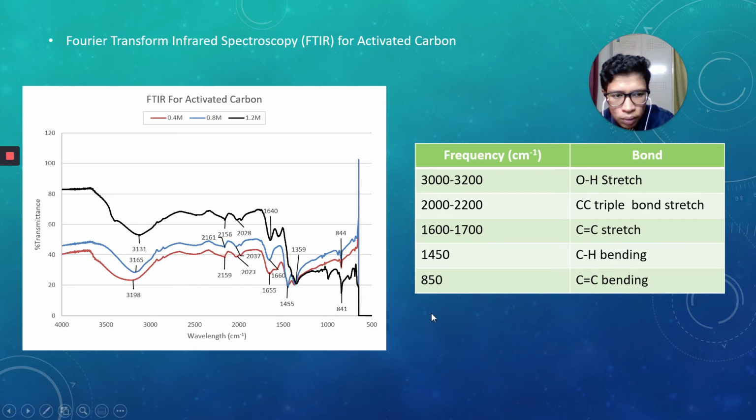At the 1600 frequency and 850 frequency, it also contains carbon double bonds. This means, as you can see in the table, there are many carbon bonds produced from this pyrolysis process, which means we managed to produce an activated carbon.